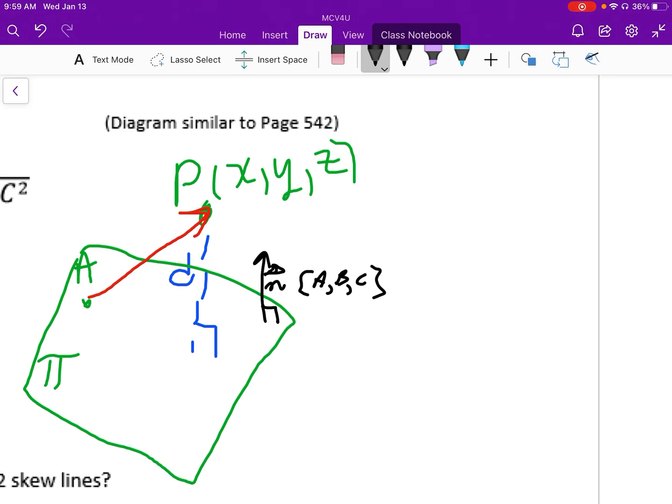We could set up like we did before with that line. We called this intersection point N. It's exactly the same setup, in this case using the plane itself.